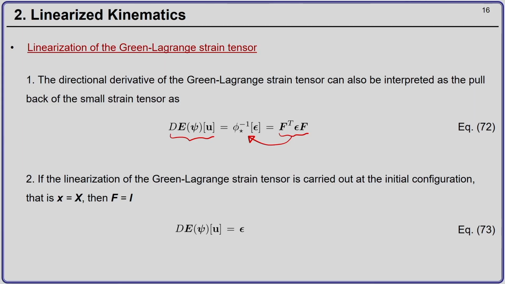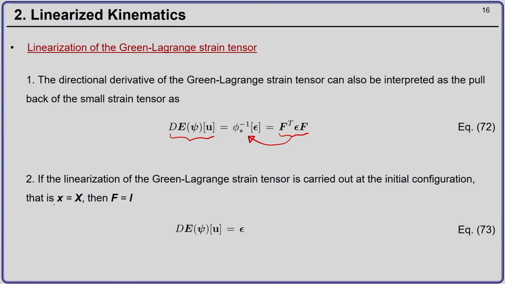Now, suppose I linearize the Green-Lagrange strain tensor about the initial configuration, which means the current configuration and the initial configuration do not differ by much, as is for example the case in elasticity. In that case, the spatial coordinates are nearly equal to the material coordinates, or the deformation gradient tensor F is nearly identity.